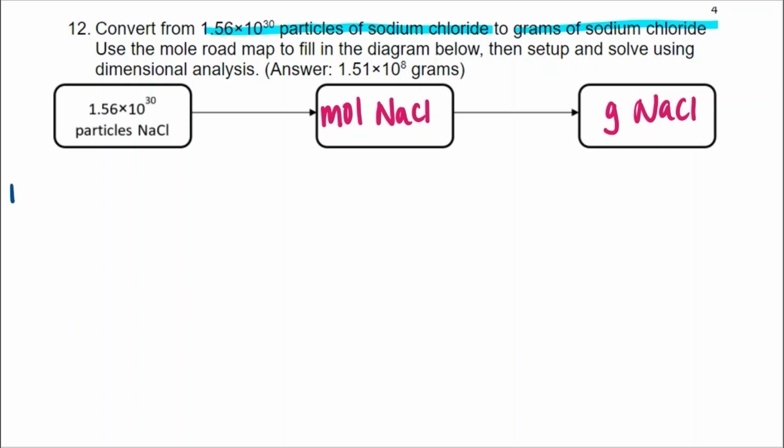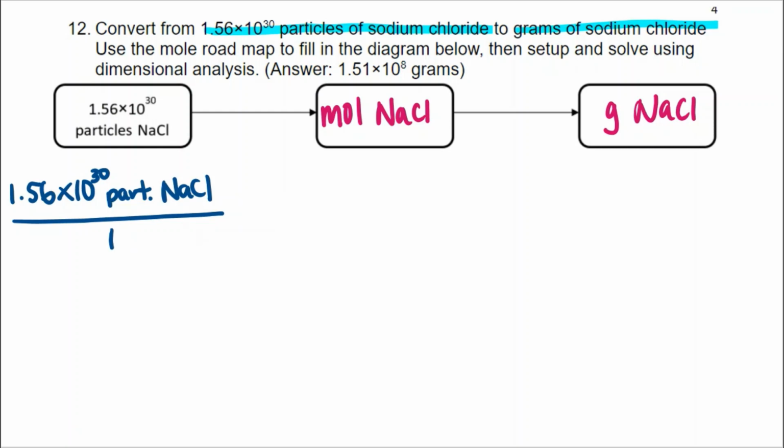So we have 1.56 times 10 to the 30 particles of NaCl. And we're going to start by just putting that over 1. So that 1 is just a placeholder. We want to change particles into moles. If you take anything and divide it by itself, it's going to be equal to 1, right?